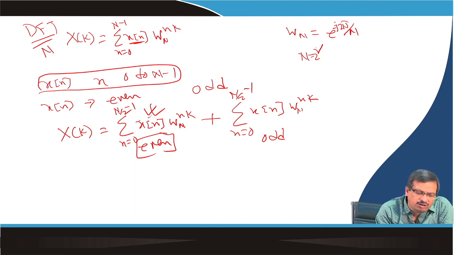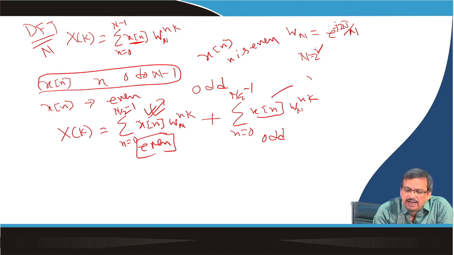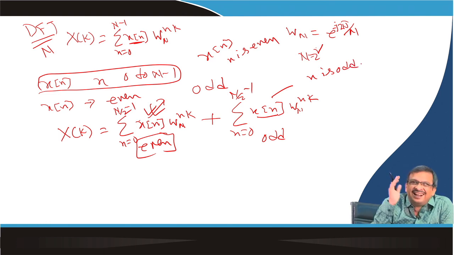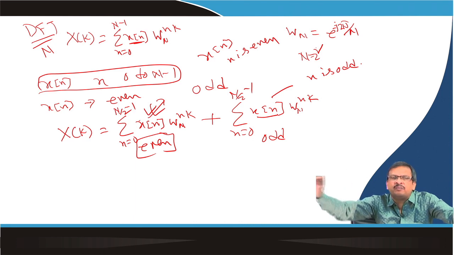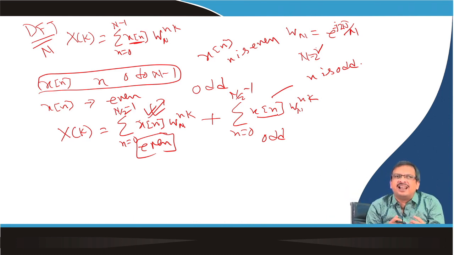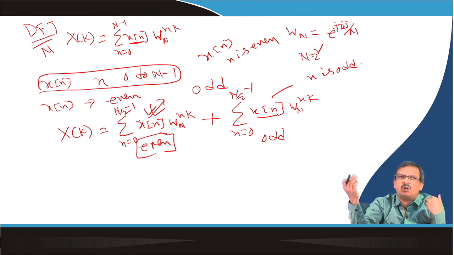So x of n is stored in memory, and I am accessing even index, odd index, even index, odd index.